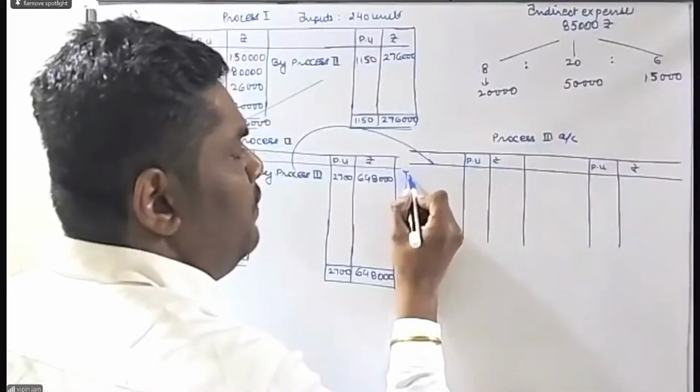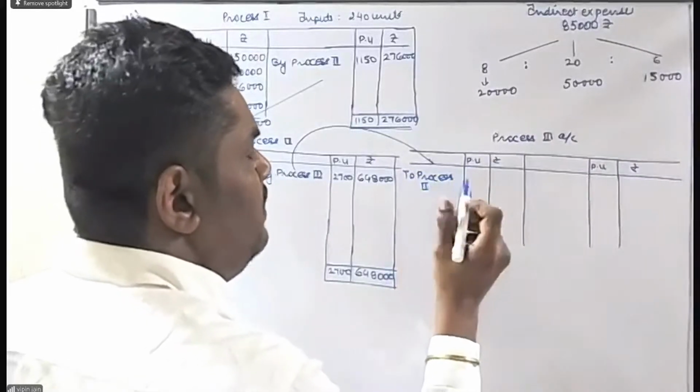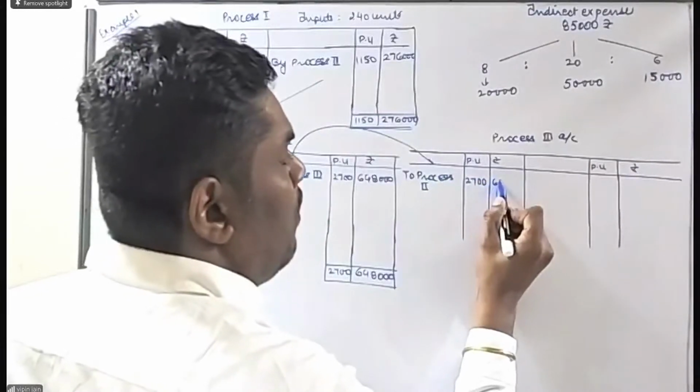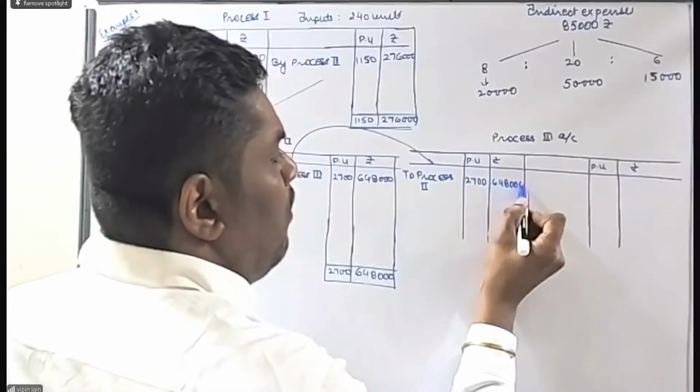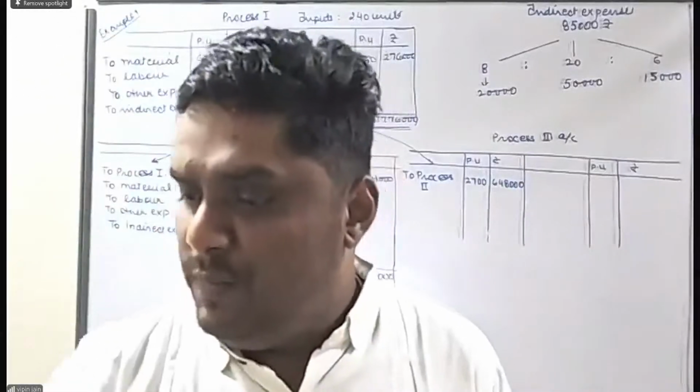So this will be the input, that is to process second. Thereafter, again, we will record the cost of this process.